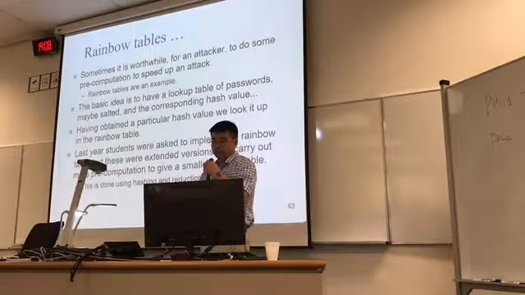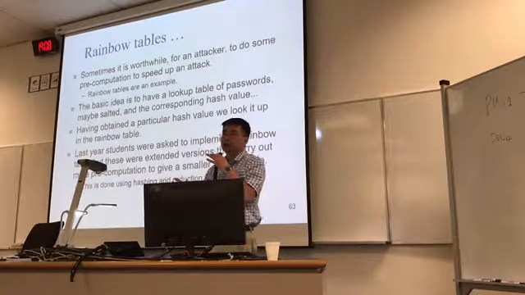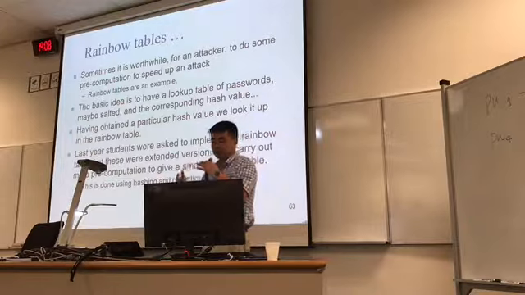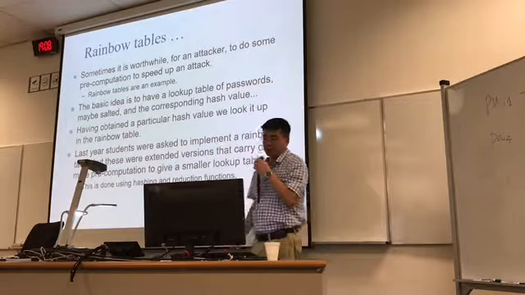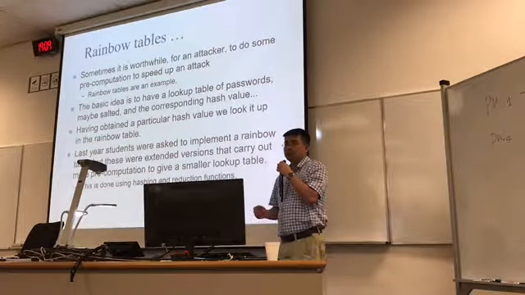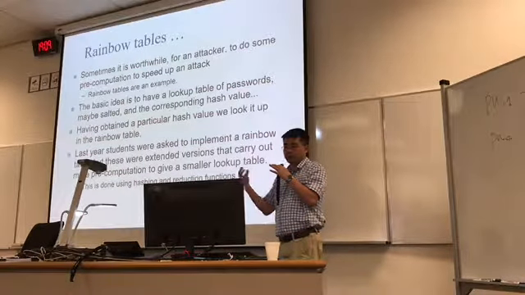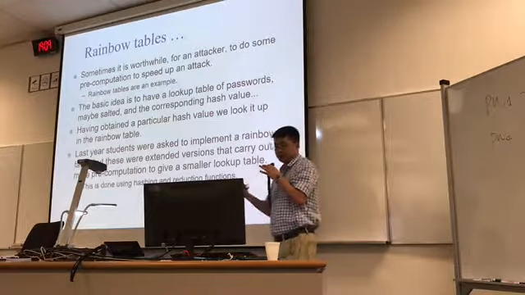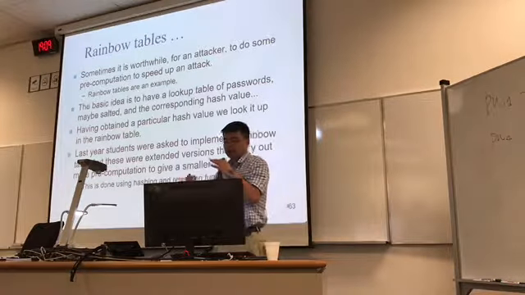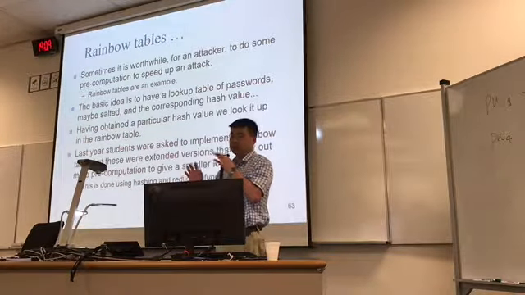Right, so in this case, the salt can somehow prevent this kind of attack, because the salt value is unknown before the attacker compromises the server. Before the attacker obtains the password table, the salt value is unknown.